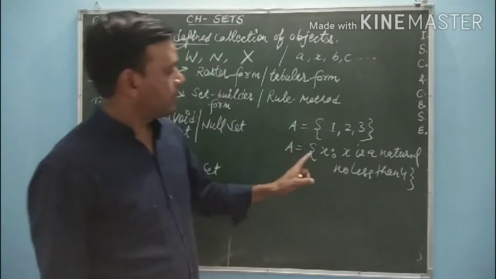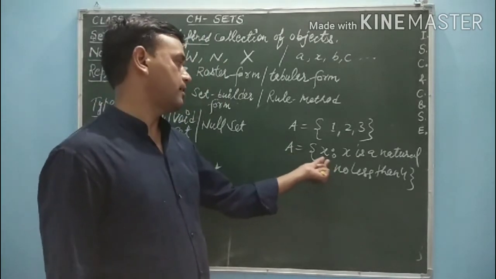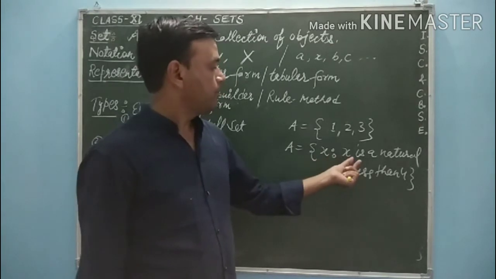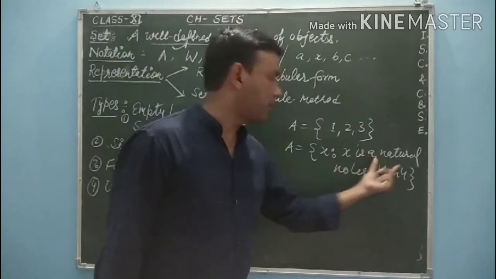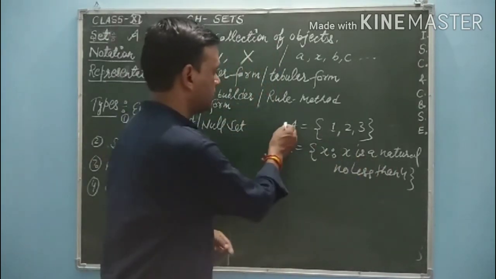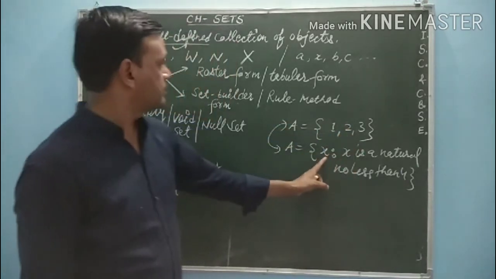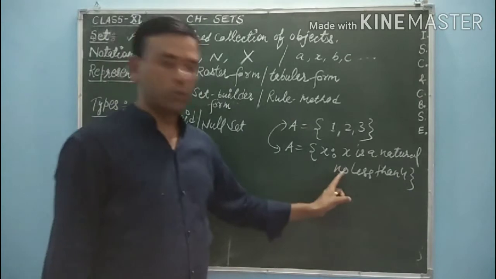Set builder form is represented by a variable followed by a colon, and then we write the common property of all the elements. So these sets are the same, but their representation is different. This is roster form and this is set builder form or rule method.